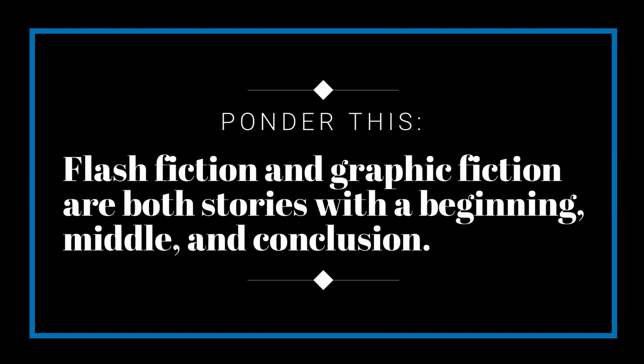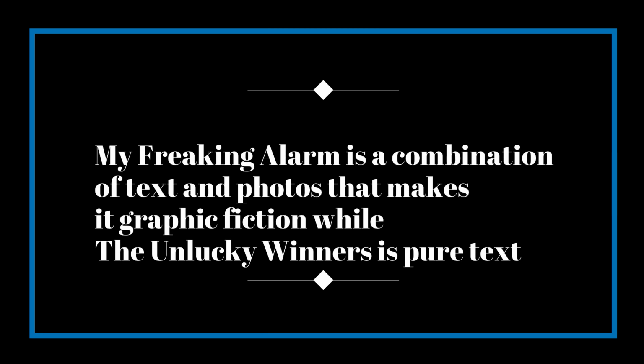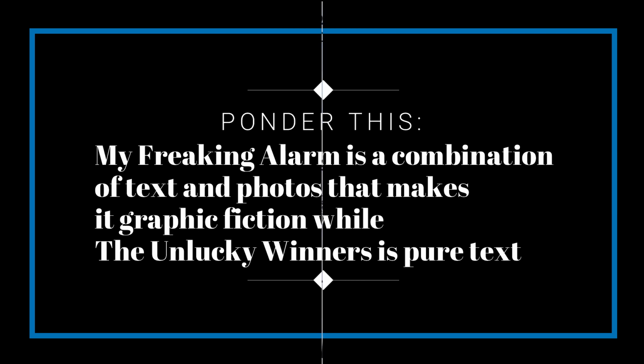In terms of form, My Freaking Alarm is a combination of text and photos that makes it graphic fiction, while The Unlucky Winner is pure text, but it is too short that it is limited to only 100 words or so. This time, let me show you examples of graphic fictions illustrated and originally created by my students.